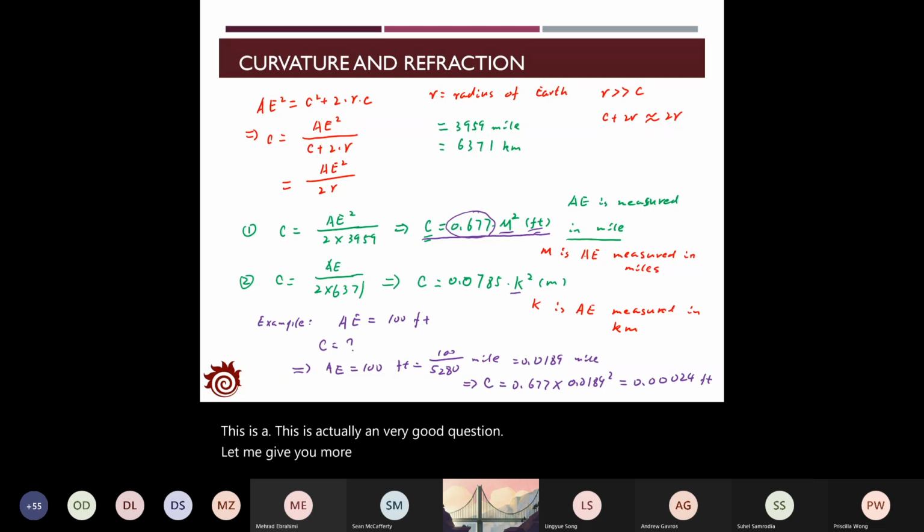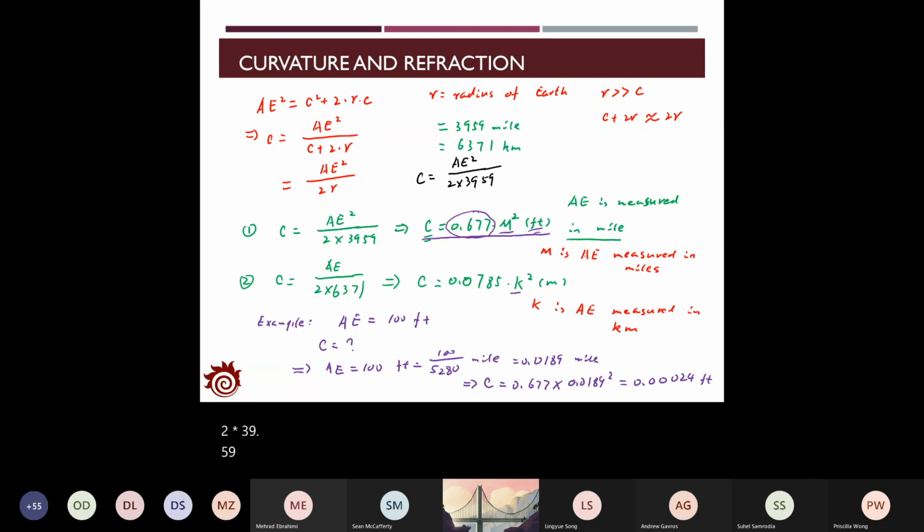Let's try to make it simple. We have C equal to AE squared divided by 2 times 3959.